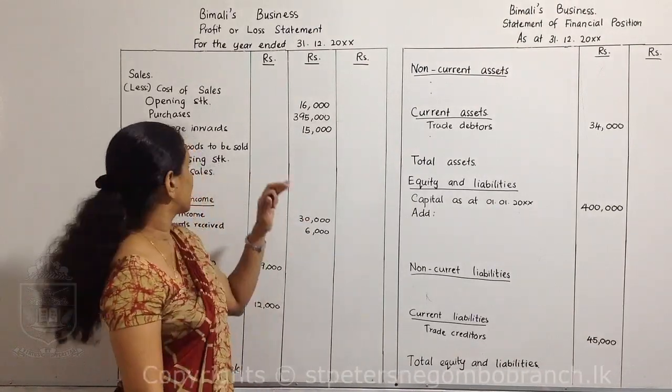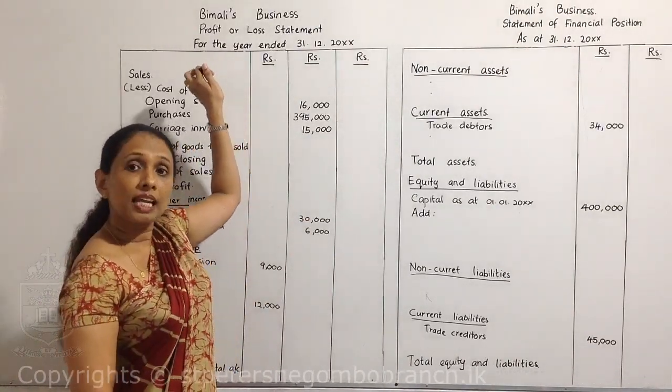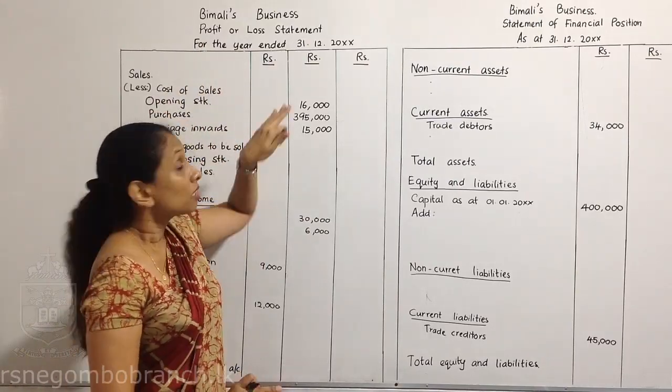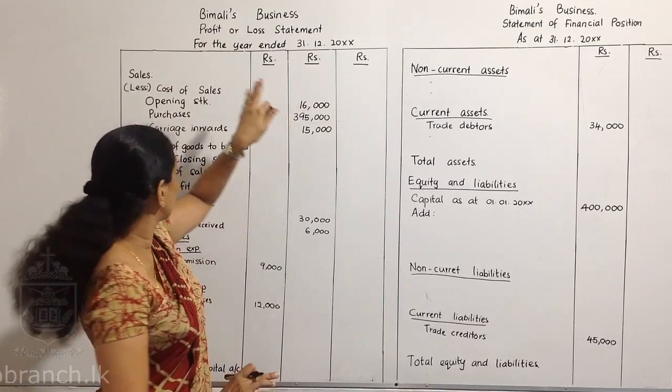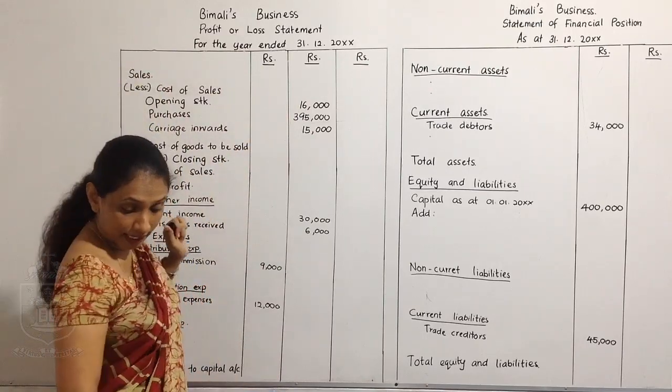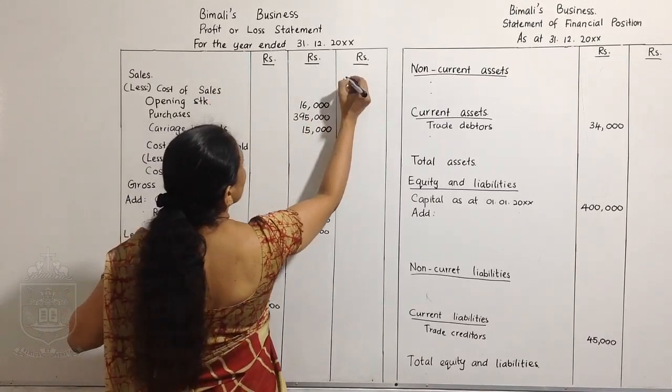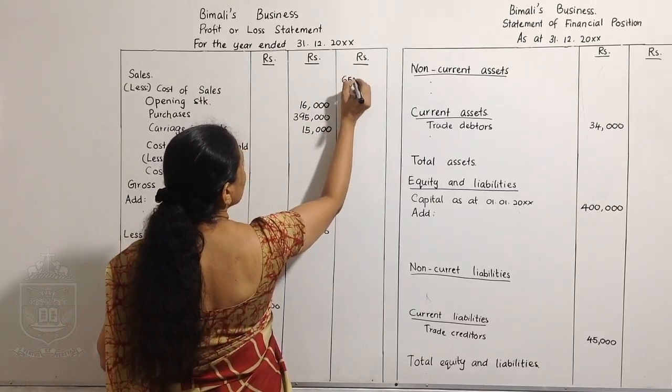Then we have the sales figure, which is the very first line item in the statement of profit or loss, or else the profit or loss statement. So we have a space to put sales. It's 650,000. We'll take it to the third column.